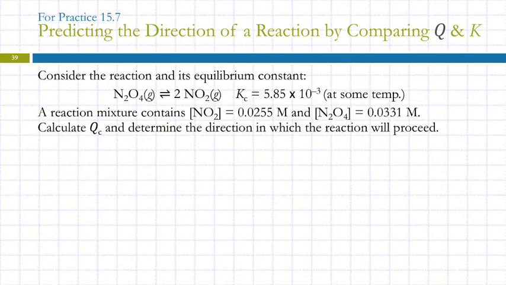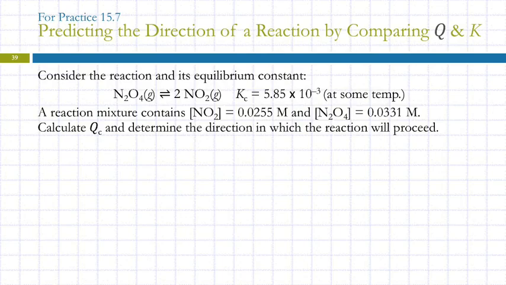Consider the reaction at its equilibrium constant. And notice here it says at some temperature. We really don't care what temperature, it's just important to say that we're doing all of this at the same temperature. So here we've got the reaction mixture contains these concentrations, and we're asked to calculate QC and predict which direction the reaction will proceed in.